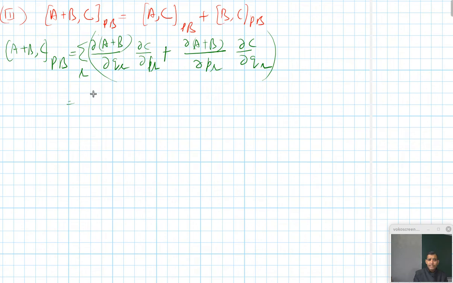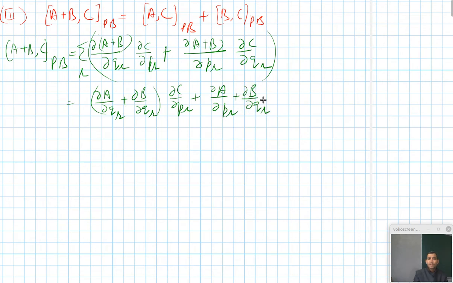So it can be written as ∂A/∂q_r plus ∂B/∂q_r, times ∂C/∂p_r, plus ∂A/∂p_r plus ∂B/∂p_r, and ∂C/∂q_r, and whole summation over r.